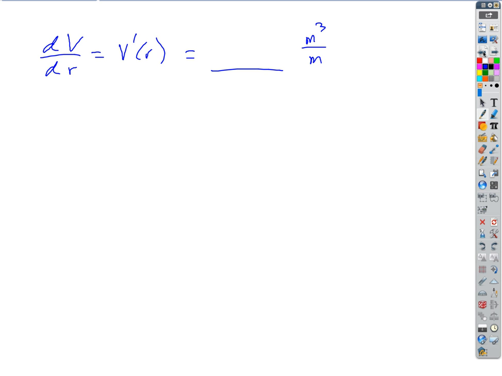One of them was cost and one of them was number of items. So we did an example where it was dC/dQ, and C was a cost and Q was a number of items. That's going to give us some number, but the units are going to be dollars per item. Those are the units of the derivative.